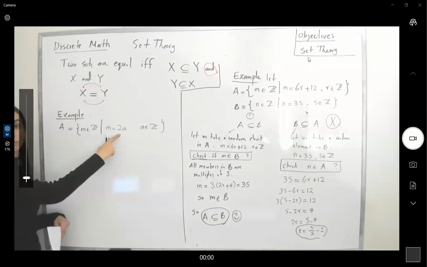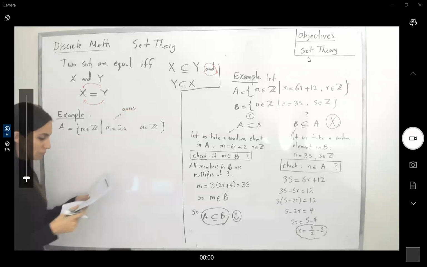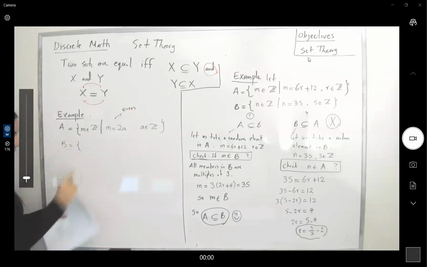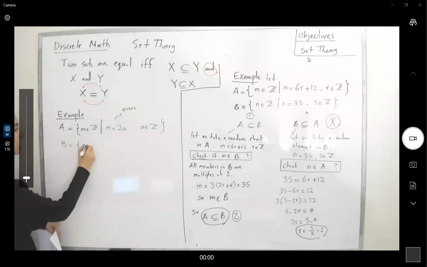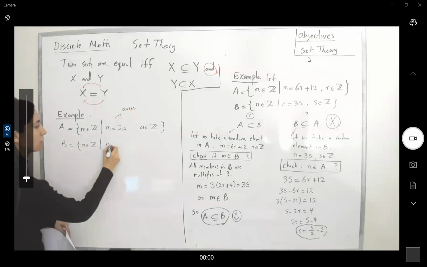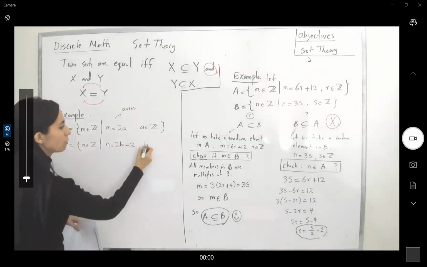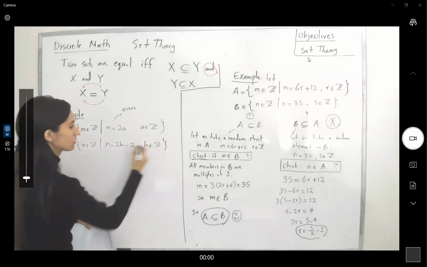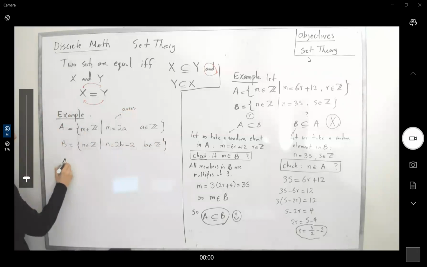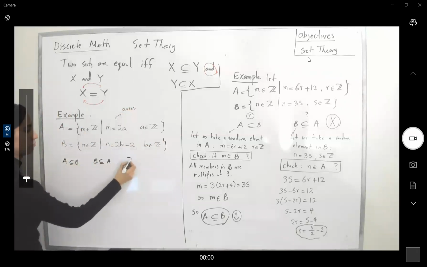So m is equal to even numbers. And B is equal to the set of all integers n in Z such that n is 2b minus 2 for some integer b. Okay, what's the relation between these two? Is A a subset of B? Is B a subset of A?